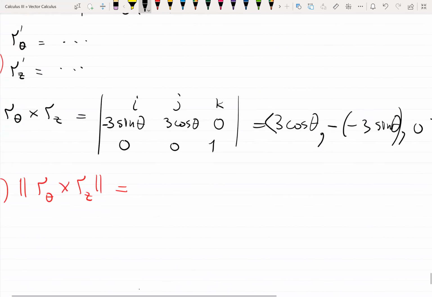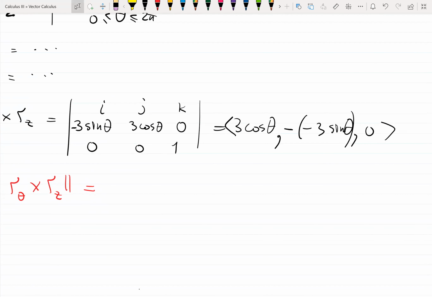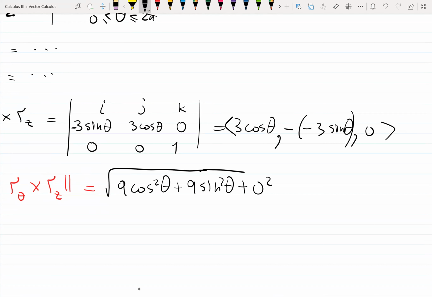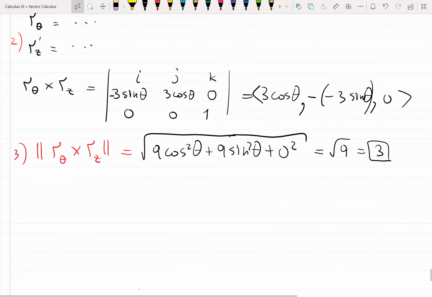So from cross product, we're now getting into a number because magnitude is a number. The square root of 9 cosine squared theta plus 9 sine squared theta plus 0 squared. That is square root of 9, which is 3. That is the size of this cross product vector.